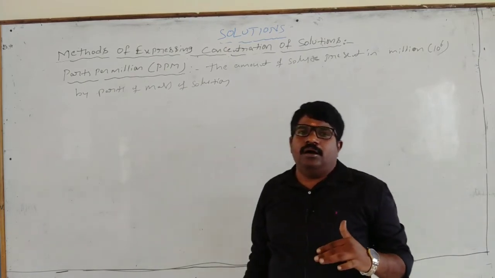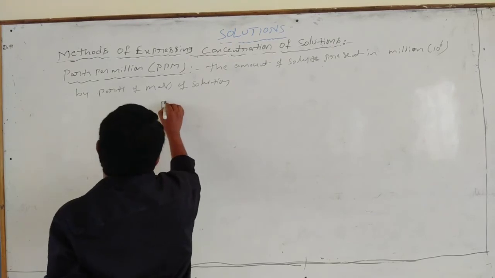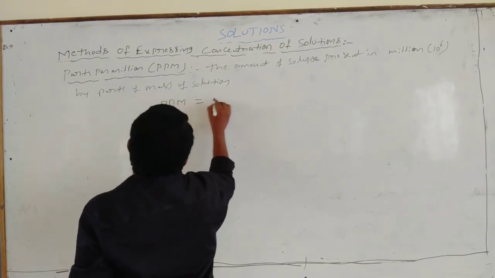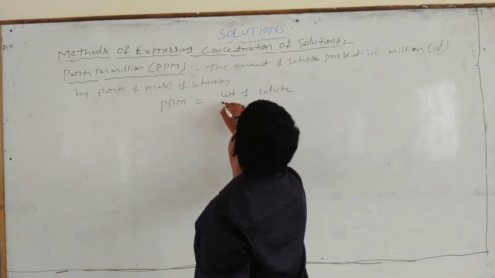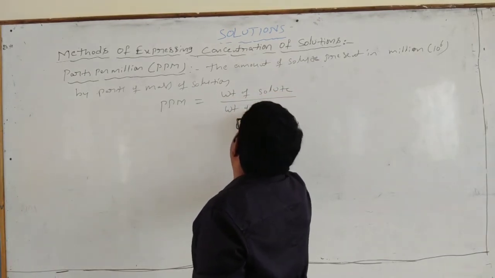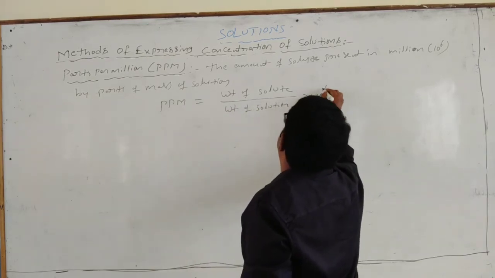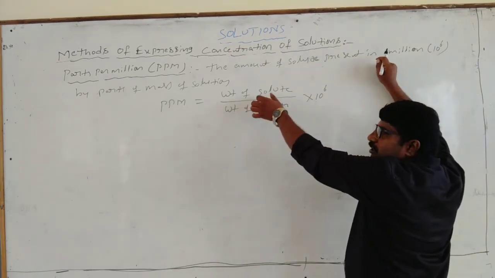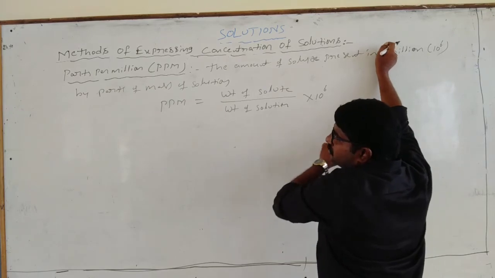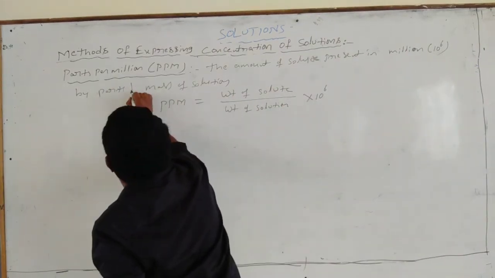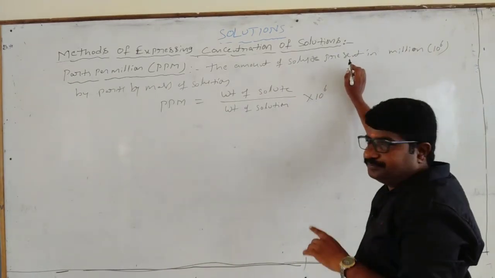Now ppm can be expressed in terms of weight, volume, and weight by volume. In terms of weight, ppm is equal to weight of solute by weight of solution into 10 to the power of 6, the amount of solute in grams present in 10 to the power of 6 parts by mass of solution.